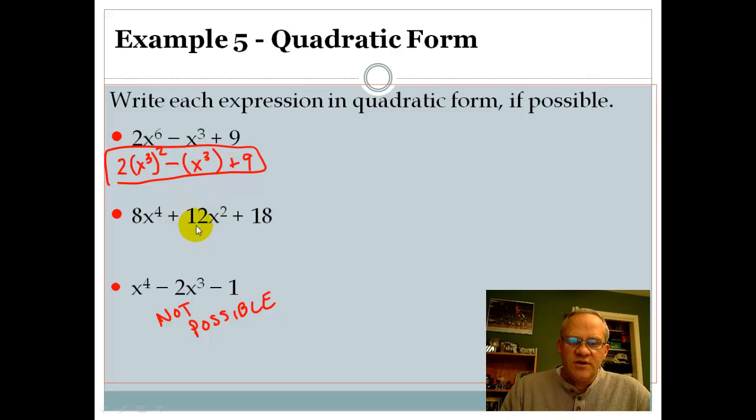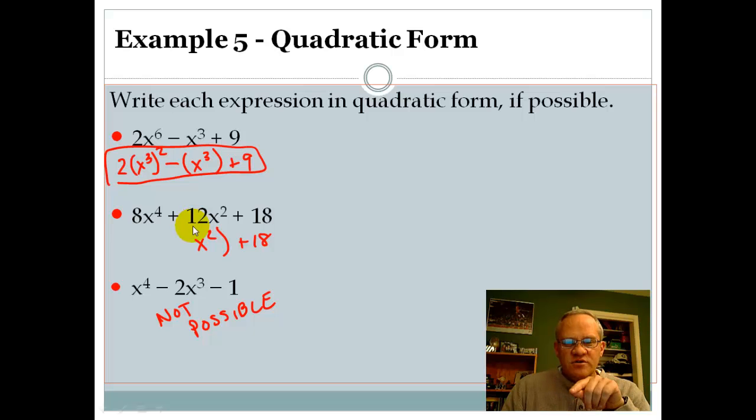And then on this middle one here, you might sometimes be able to include a number or part of this coefficient in there too. You notice x squared and x to the fourth. So we know here x squared, we've got the 12. Think about the factors of 12.